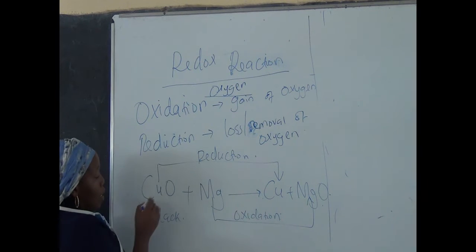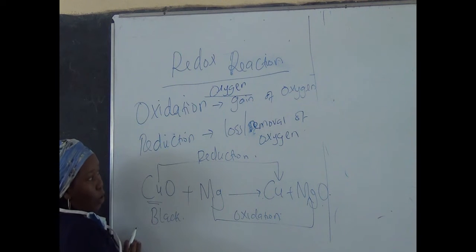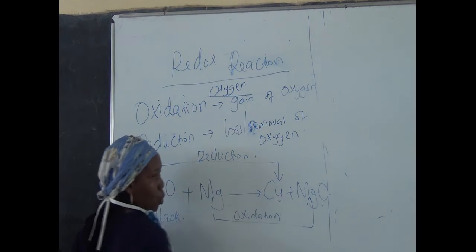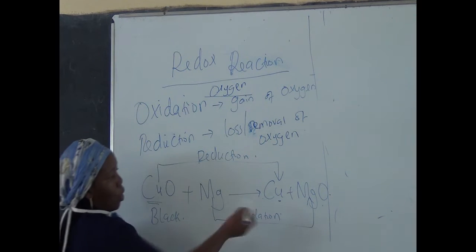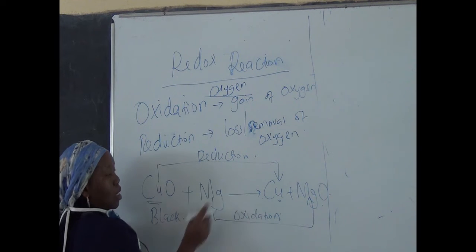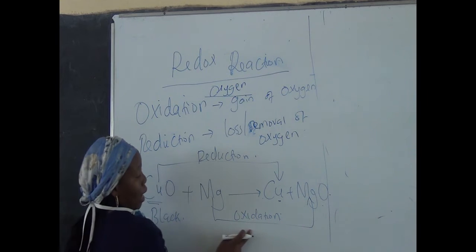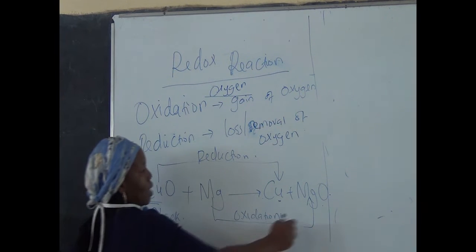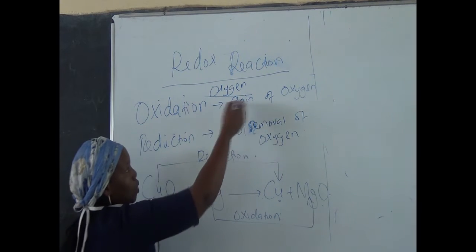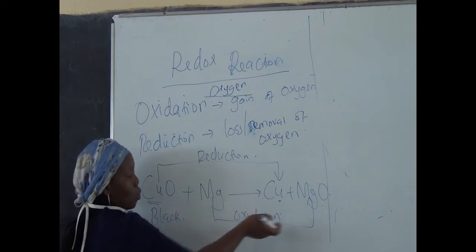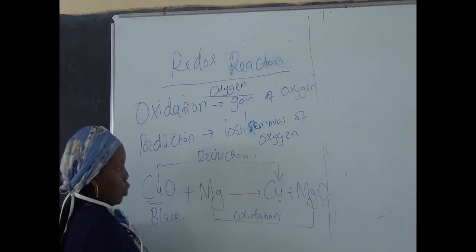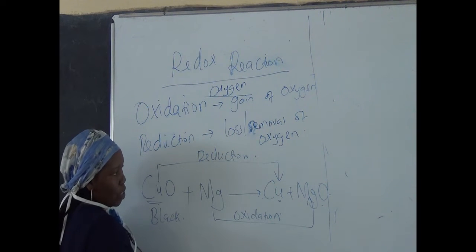Why? Because initially copper had oxygen, and it has lost that oxygen to magnesium. That we call reduction. Magnesium didn't have oxygen, and it now has oxygen. So oxygen has been gained, or added, to magnesium, and that process we call oxidation. So this is an example of a redox reaction.